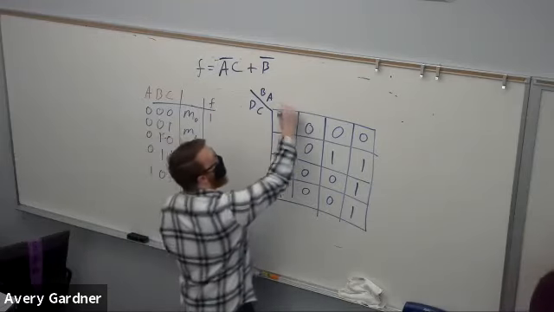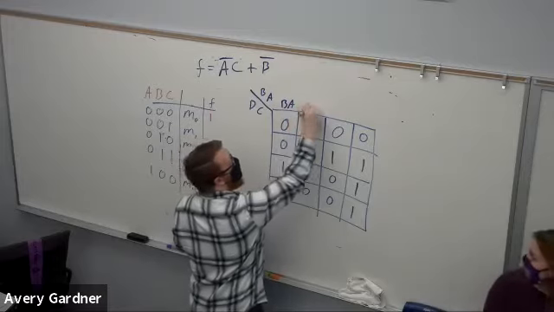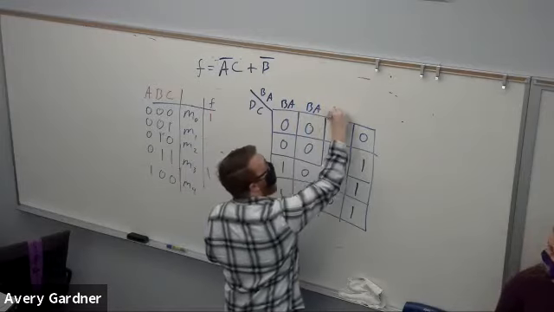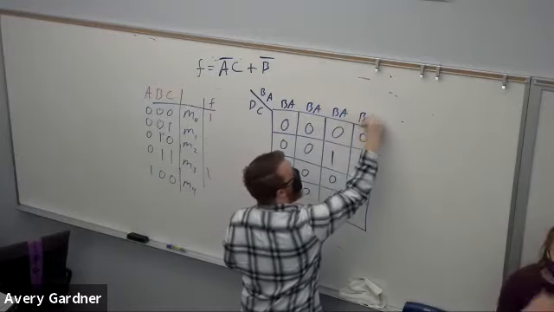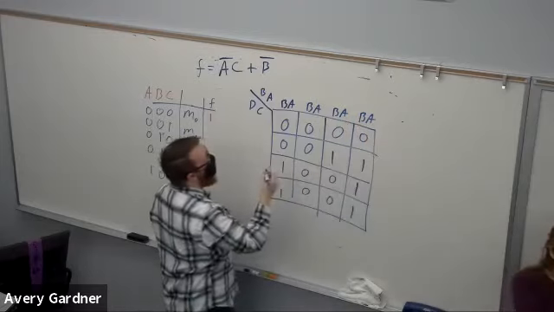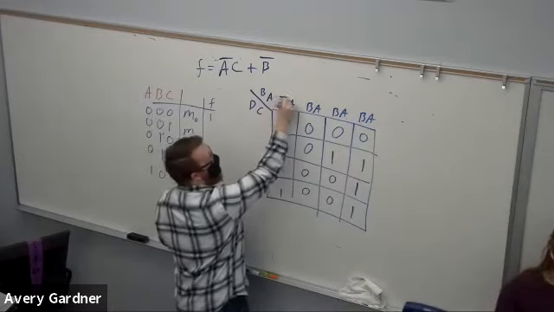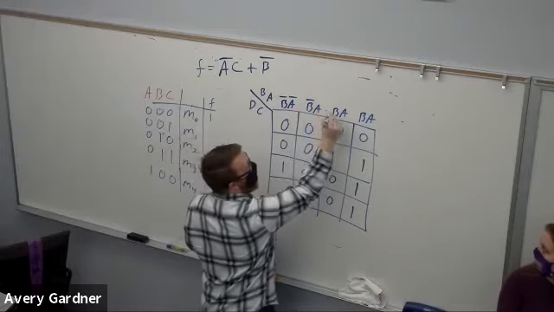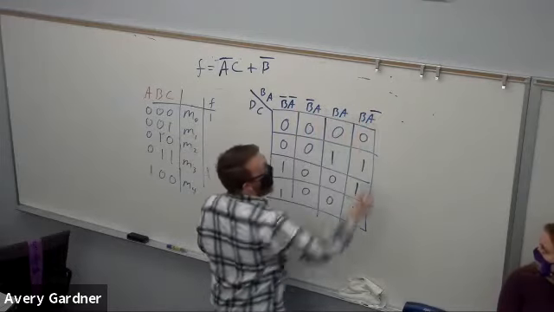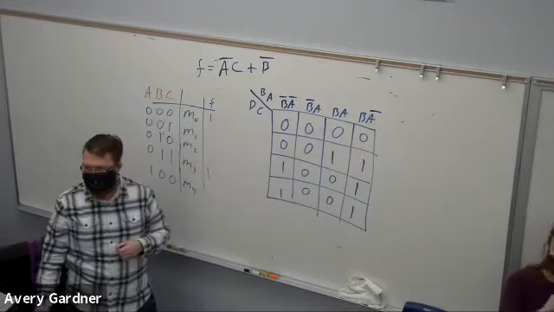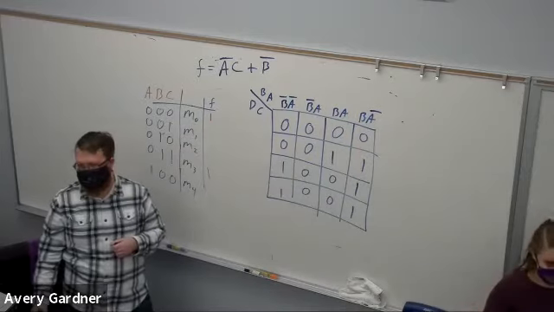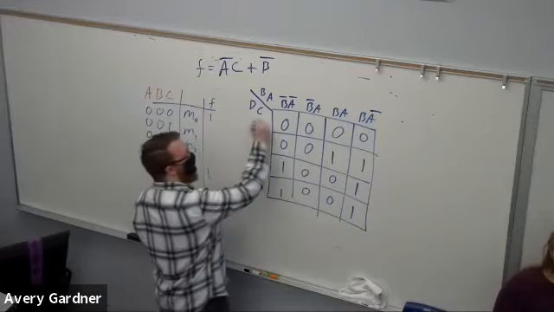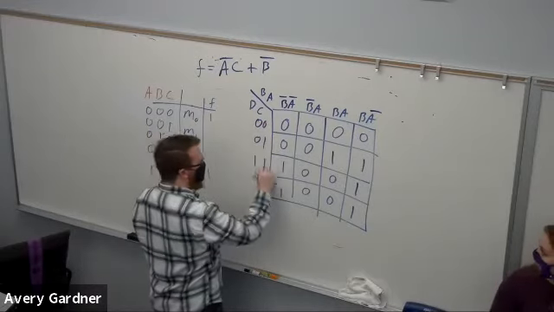So I know that this is all BA on the horizontal axis. And then I can say it's 0, 0, 0, 1, 1, 1, 1, 0. That's the same as saying 0, 0, 0, 1, 1, 1, 1, 0.